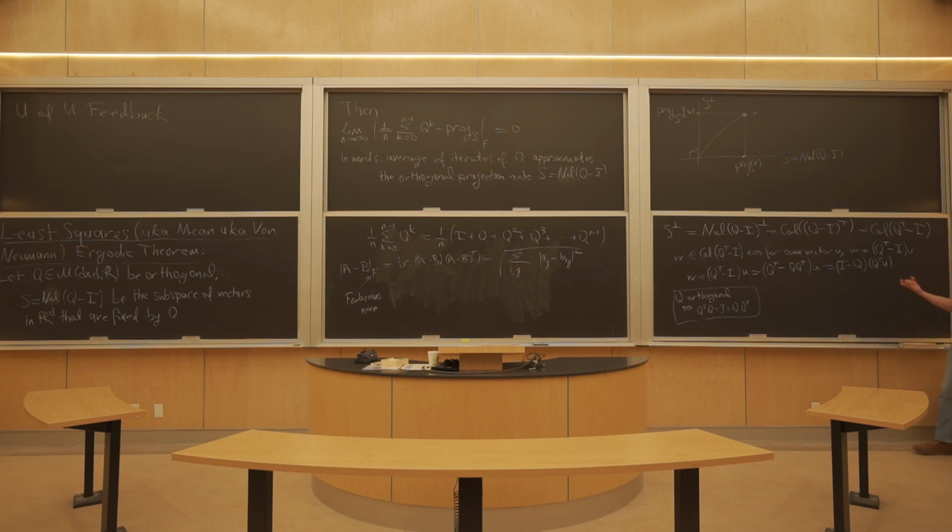Now, Q transpose times U is yet another vector.